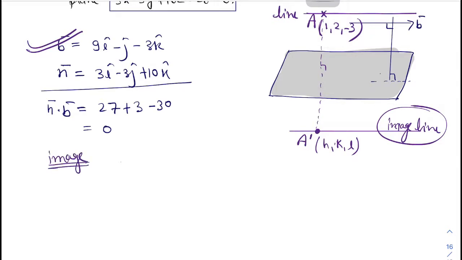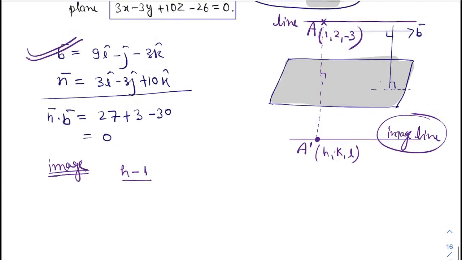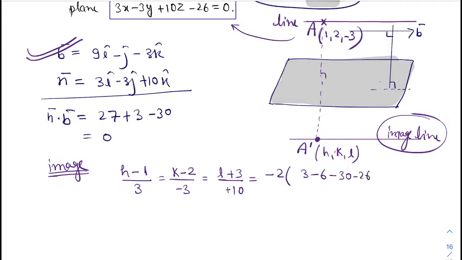for the calculation of the image of a point, that was (h minus x1), that is h minus 1, divided by the coefficient of x, that is 3, equals k minus 2 divided by the coefficient of y, equals l minus 3 divided by the coefficient of z, equal to minus 2, and we will put this point in the equation of the plane, that will be (3 minus 6 minus 30 minus 26) divided by (9 plus 9 plus 100).